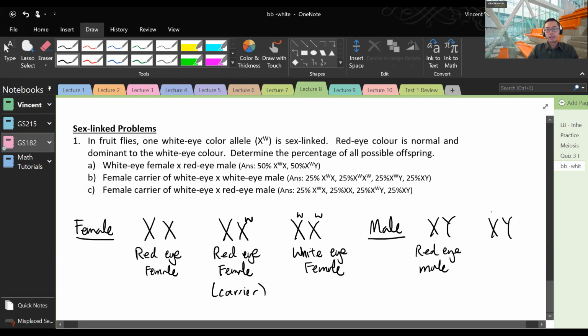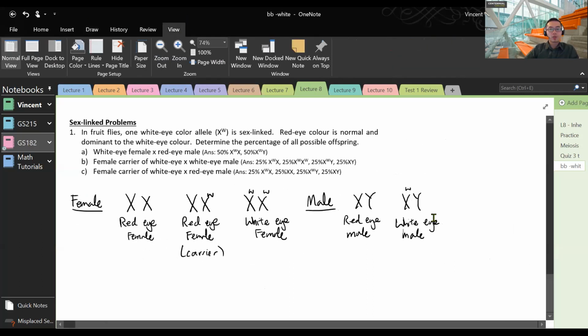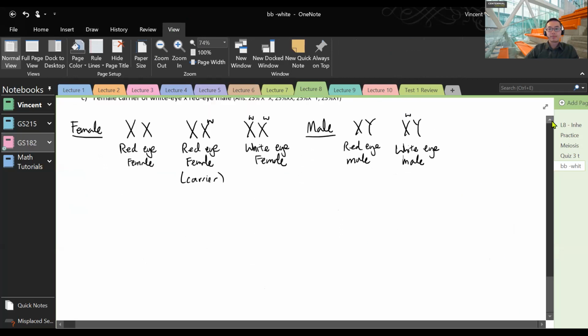And then because male only has one X chromosome, if the X chromosome is the white eye allele, it will automatically be white eye. For female, they would need both copies of the white eye in order to show up. Okay, so these are all the possible genotypes and phenotypes of an X-linked situation.